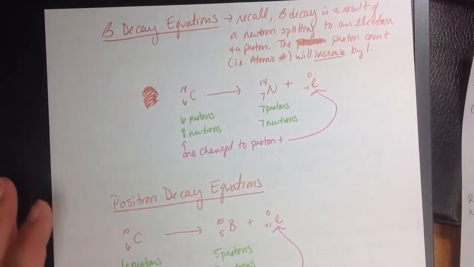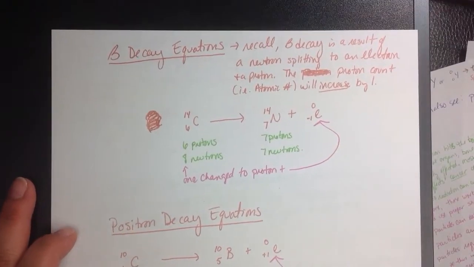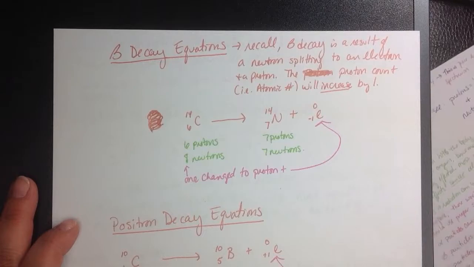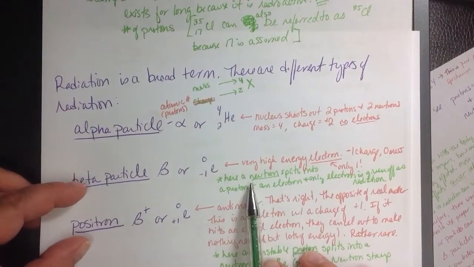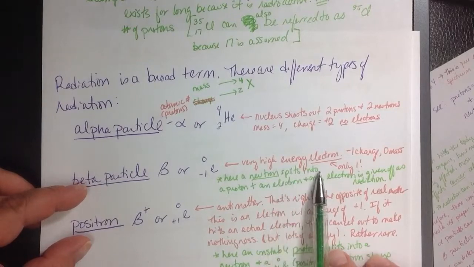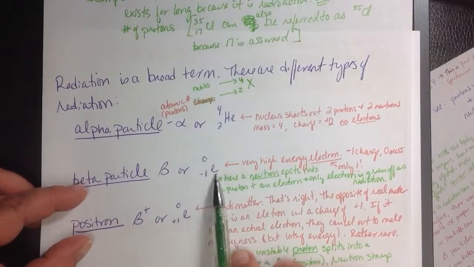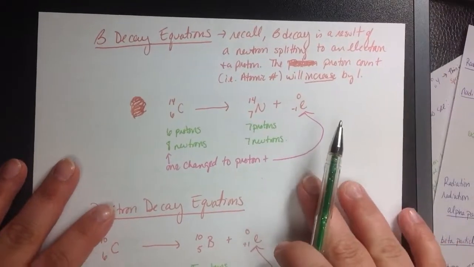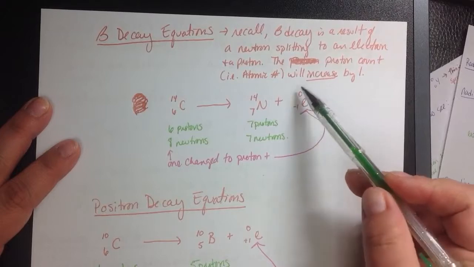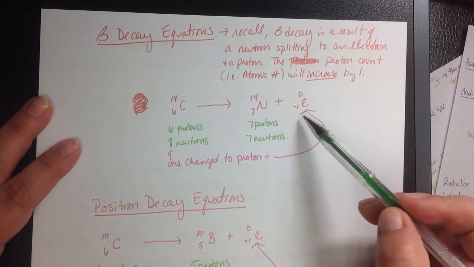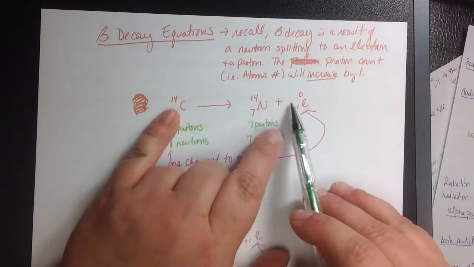Next we're going to do beta decay. With beta decay, remember, we're starting with a neutron. It's going to split into a proton and an electron and let off the electron. So here my C-14 lets off that electron. 14 plus 0 equals 14.